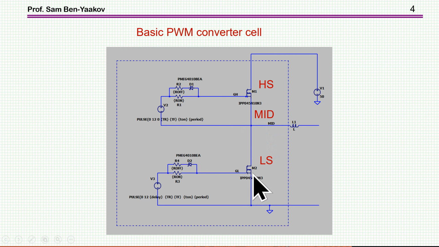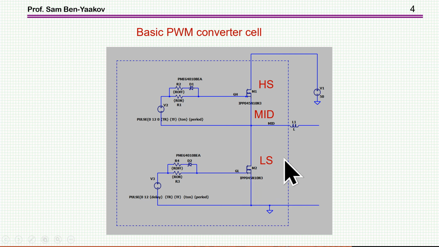Now the fact that during the dead time the body diode of this transistor, say, is conducting would mean that this is also applicable to non-synchronous system. Obviously, this is also related to an inverter in which the current might be going one way or the other, like a sinusoidal waveform. So this is a very basic unit that tells us a lot about PWM converters.